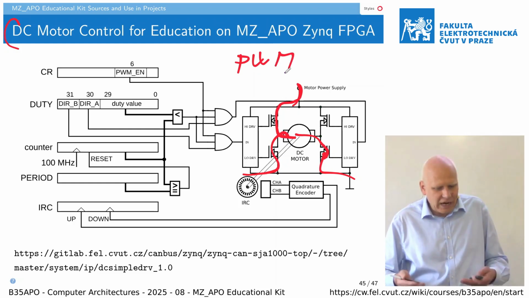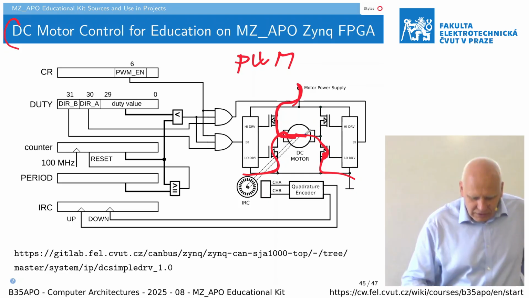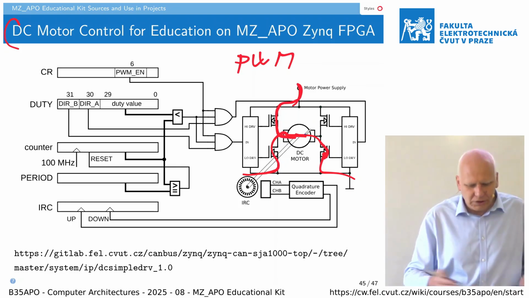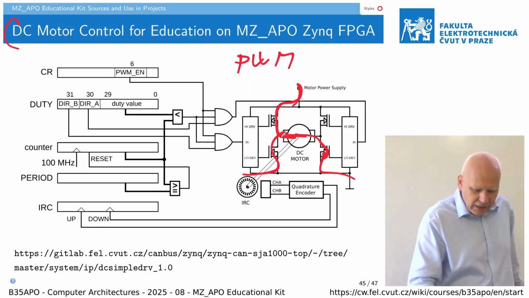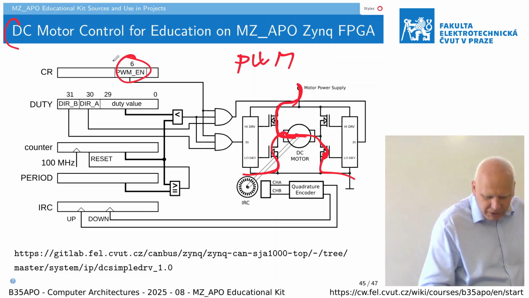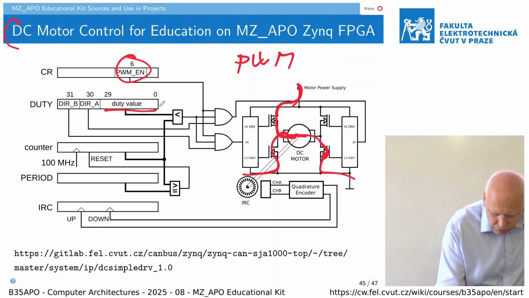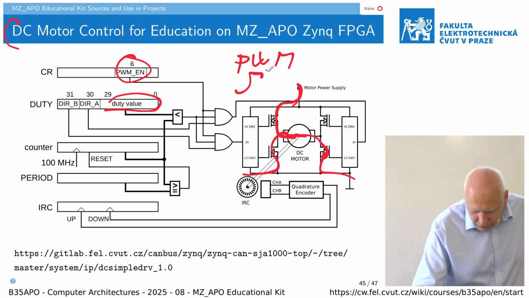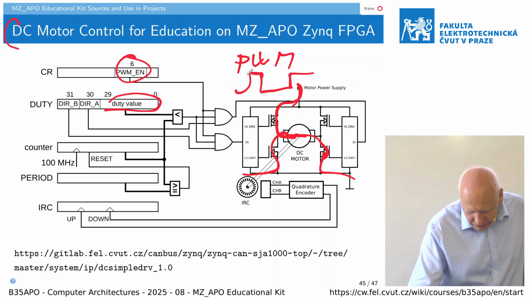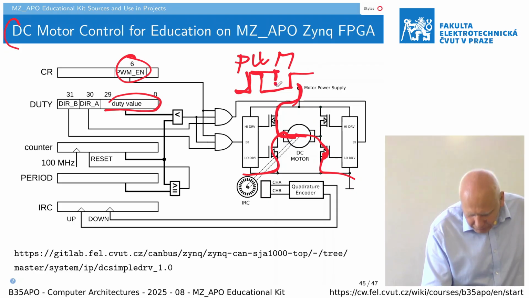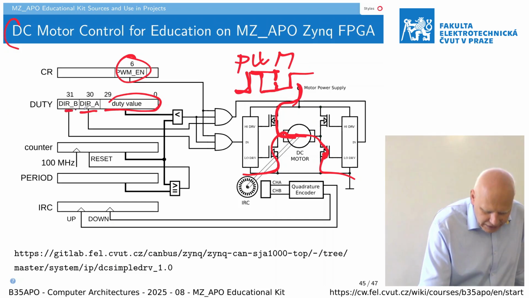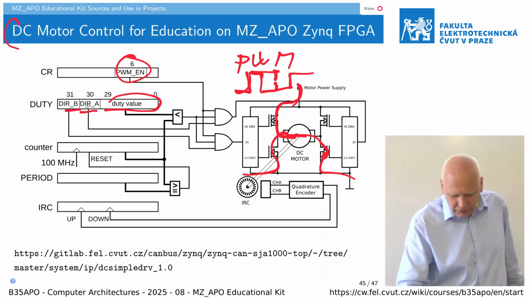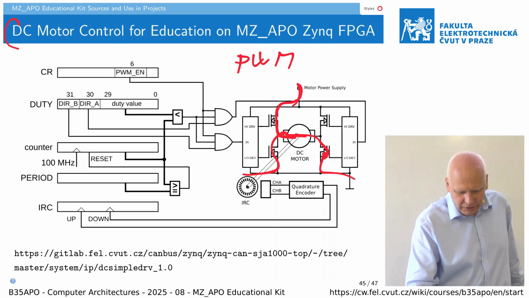If it is fast enough, then the integrative character of the motors filters the current, so basically it is almost steady. Our peripheral allows you to enable the motor, then it allows you to select a pulse width modulation duty cycle, so it means how much of the period is filled by the logic high level, and select the direction, if it should be applied to one end or the other terminal of the motor.